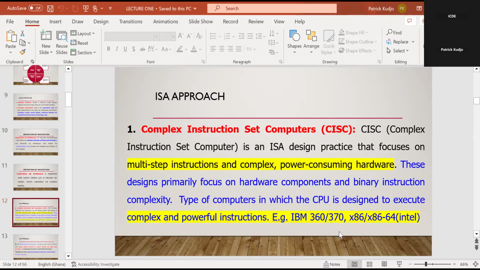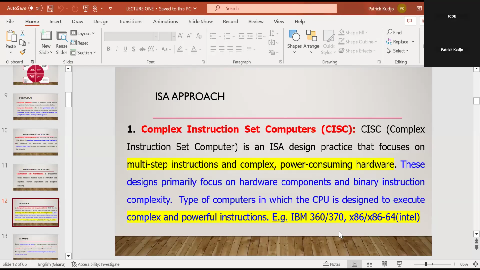It is a design practice that focuses, and the points are highlighted, on multi-step instructions. So these types of computers are designed to handle multi-step instructions that are complex.